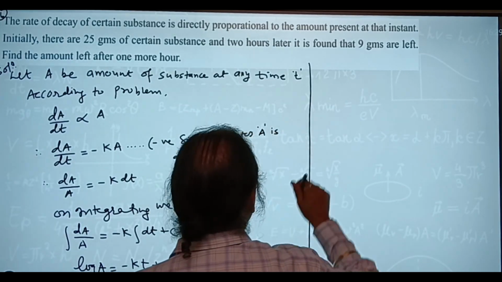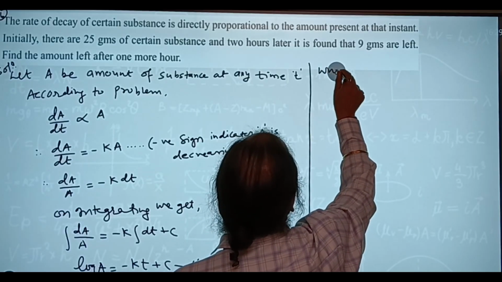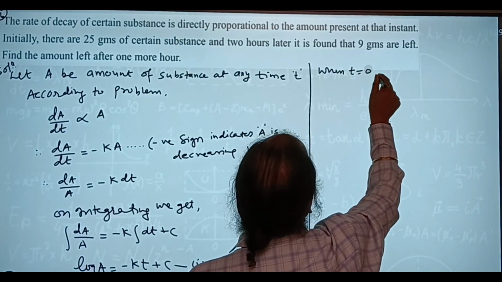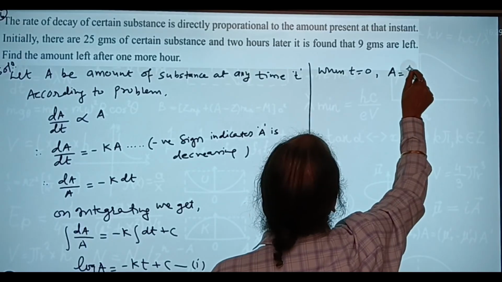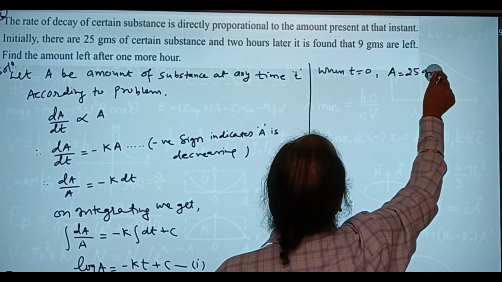Initially there are 25 grams. When time is 0, A is 25 grams.